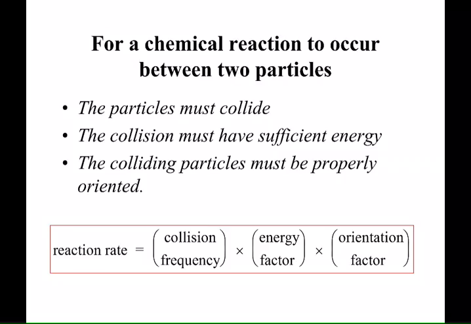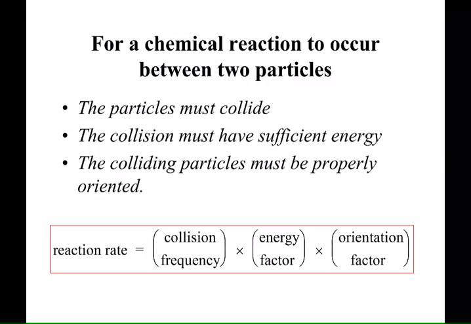So I think I'll put it up here. Let's go: A plus B goes to form some products. The reaction rate is equal to the rate law constant times the molar concentration of A raised to its reaction order times the molar concentration of B raised to its reaction order. And there are these 3 things that affect it.